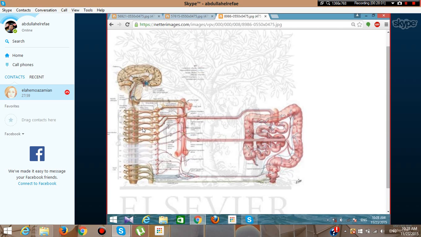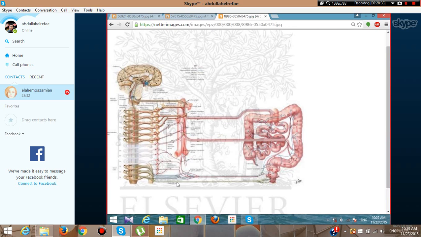So vagus brings parasympathetic fibers for foregut and midgut. And from sacral part of the spinal cord, we have hindgut: pelvic splanchnic nerve. Look at them, it says pelvic splanchnic nerves. They give parasympathetic fibers for hindgut. It's from S2 to S4.